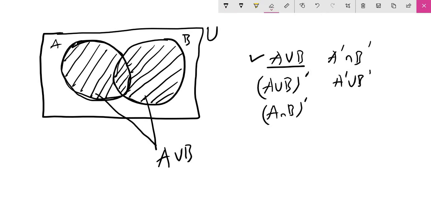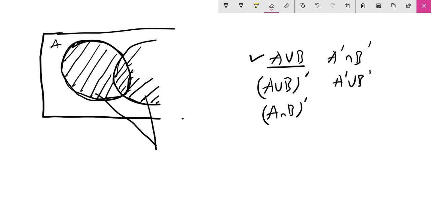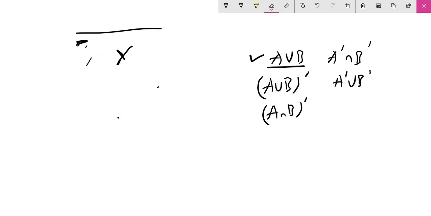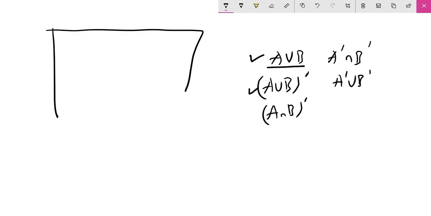I'm just going to clean it up because I don't really have enough space. Now, what is A union B complement? Again, we draw my rectangle, which is horrible.